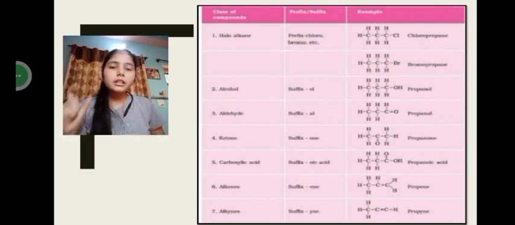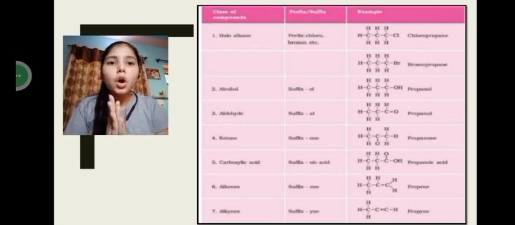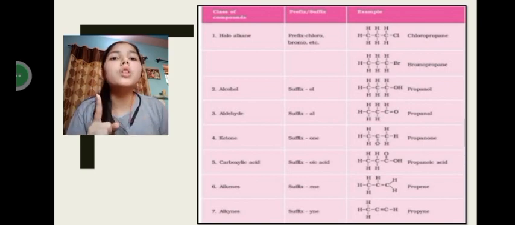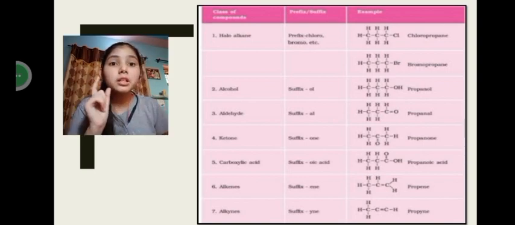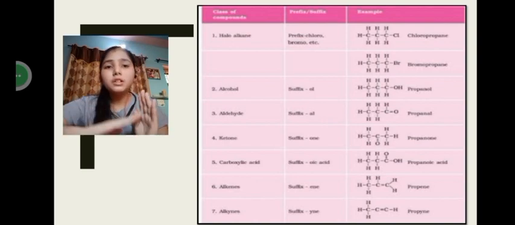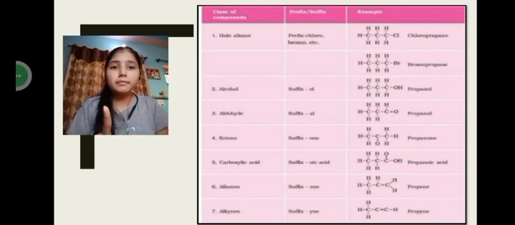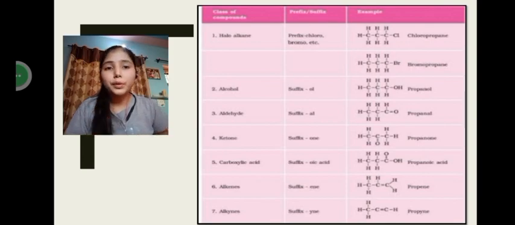Mark my words. In aldehyde, the carbon attached to the oxygen is surrounded by a carbon chain from one side only, and the other side is hydrogen. So this is what we call aldehyde.